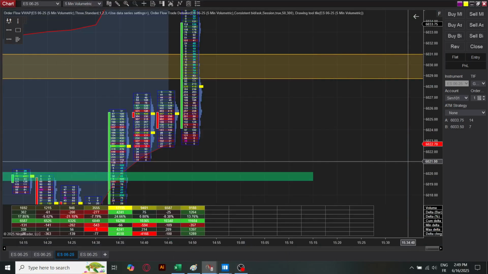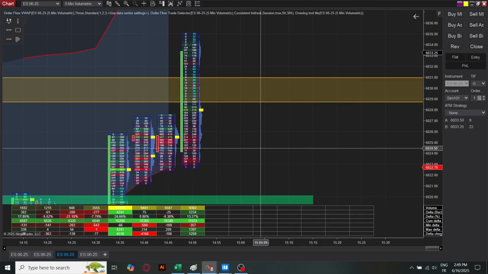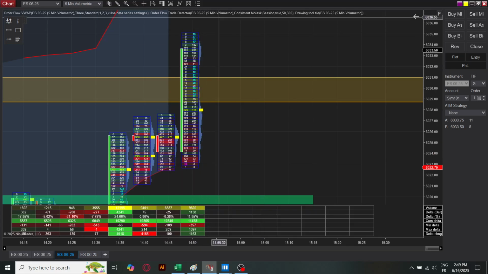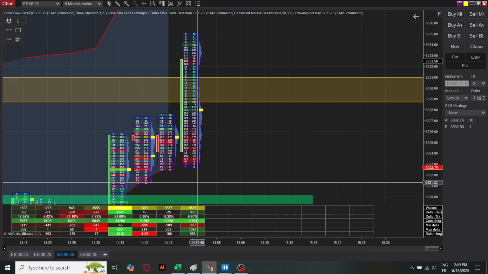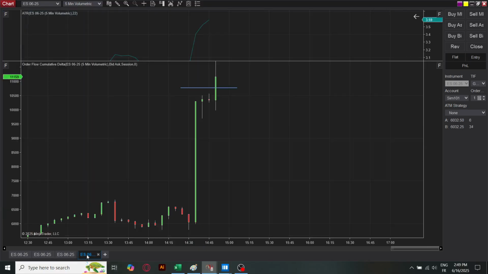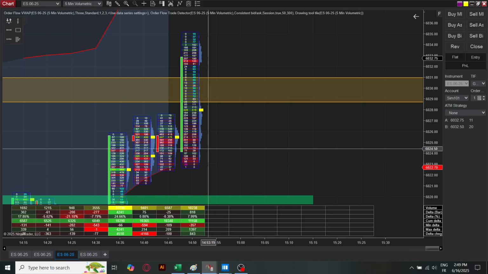Now we have this strong bullish move, and there are actually two things. If price keeps up, I'll wait for a retest to go long, but if there is an absorption, so buyers keep being strong but price won't go up, this is a clear sell signal. So let's wait.